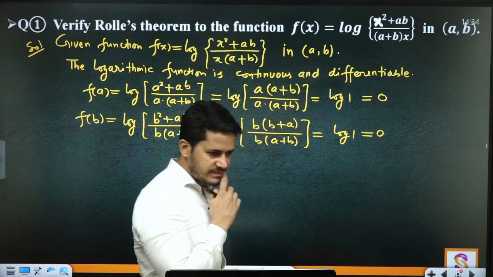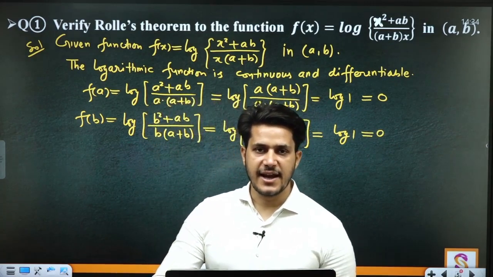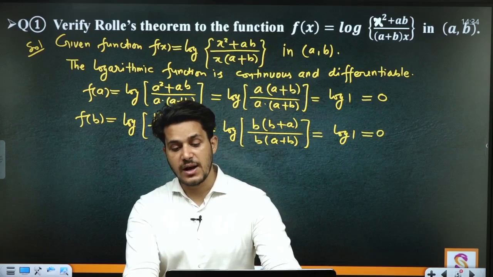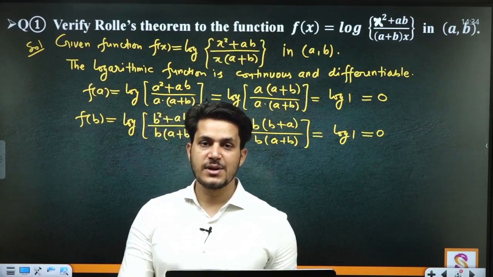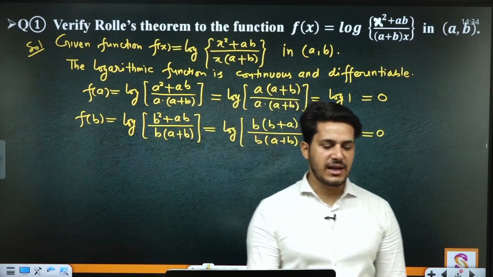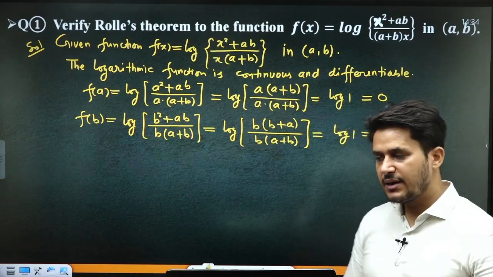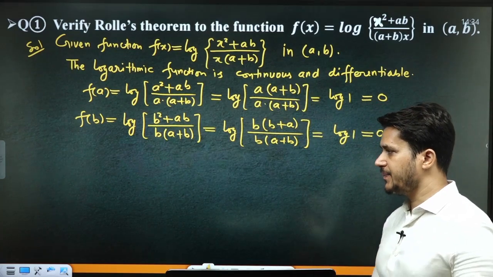So this is what I was explaining, that f(a) and f(b) should be equal and should be equal to 0. This is the main criterion for the applicability of Rolle's theorem.